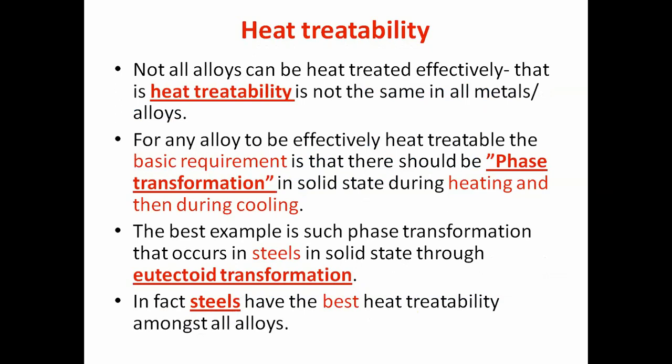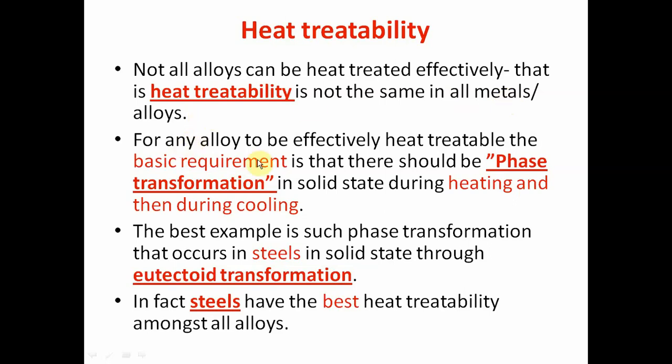Then we will study what is meant by heat treatability. Not all the alloys can be heat treated effectively, that is heat treatability. Up to how much extent steels can be heat treated, that we are going to study here, is not the same for all the metals and alloys.